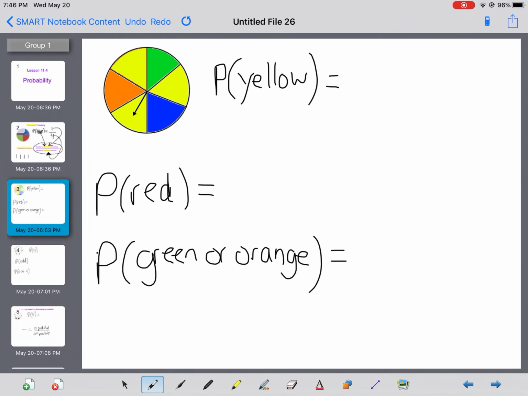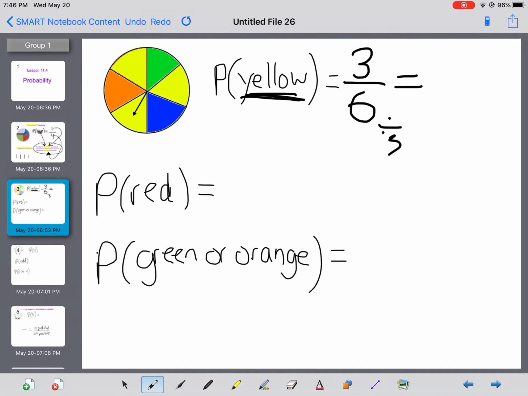Here we have a spinner where we have 3 sections that are yellow, 1 that's green, 1 orange, and 1 is blue. If I want to talk about the theoretical probability that you land on yellow, I could say, well, if I look at my spinner, 3 of them are favorable because 3 of them are yellow. That's what I'm looking for. And there are 6 sections on my spinner. So I can simplify this.